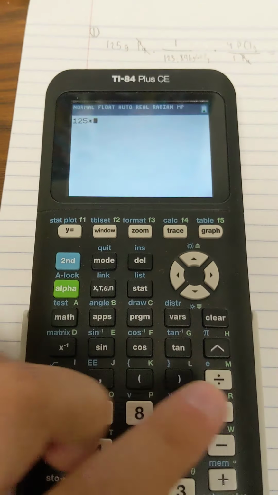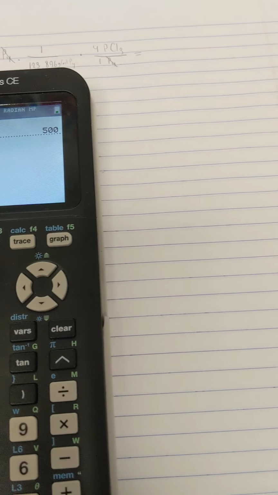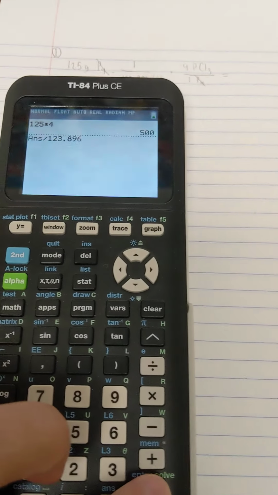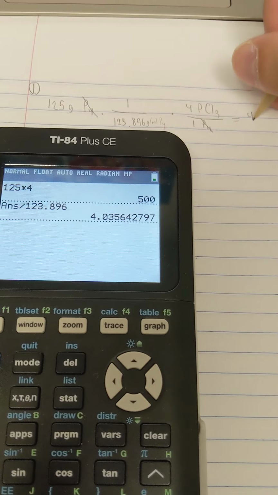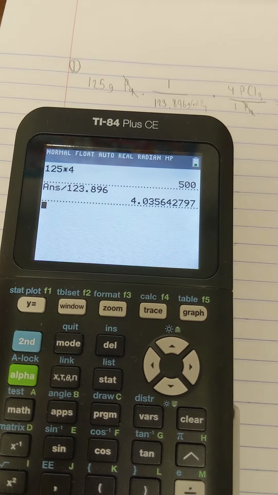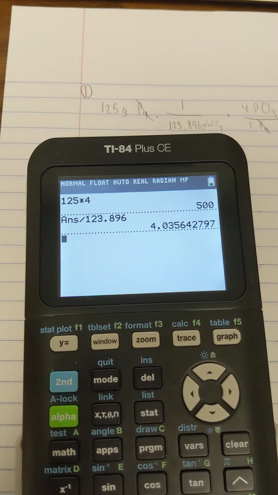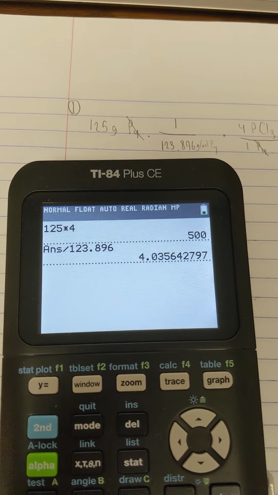So, what you can do now is 125 times 4 divided by 123.896. And that gets you 4.06 moles, or I'm sorry, 4.04 moles of PCl3.